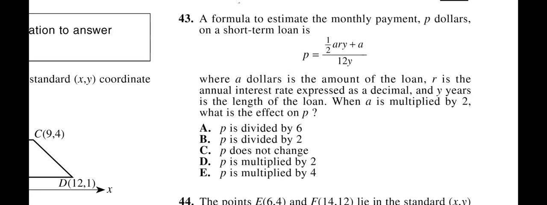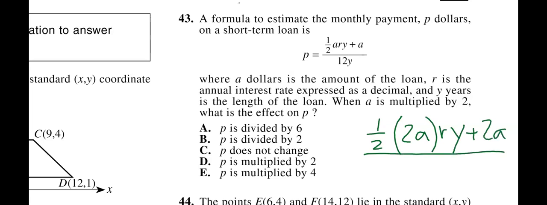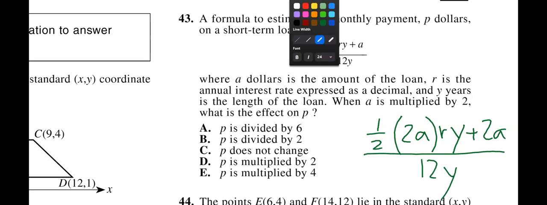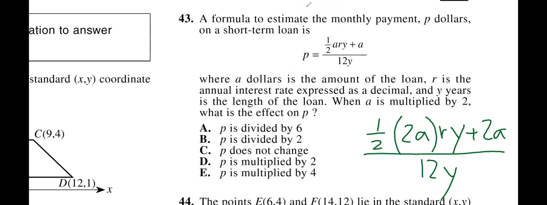All right. When A gets multiplied by 2, what happens to P? Now, what I'd like you to tell me, do you see a greatest common factor between the two red boxes?